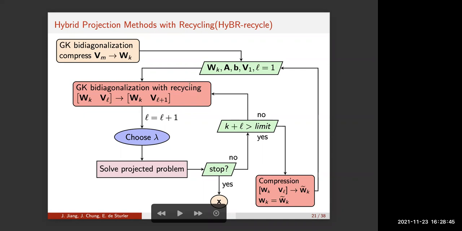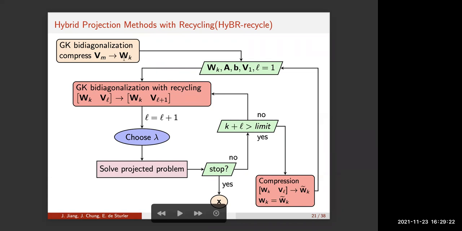For the whole process, we also find that at the beginning, we don't have to run the original hybrid method if we have some prior knowledge about the problem. So WK can also be prior knowledge of the problem. For example, if we want to do the reconstruction of an image of a tumor, and the tumor changes each month, then to reconstruct the tumor in February, we can include some prior knowledge of the tumor in January.